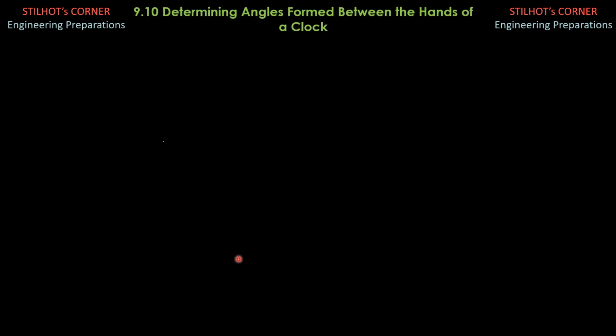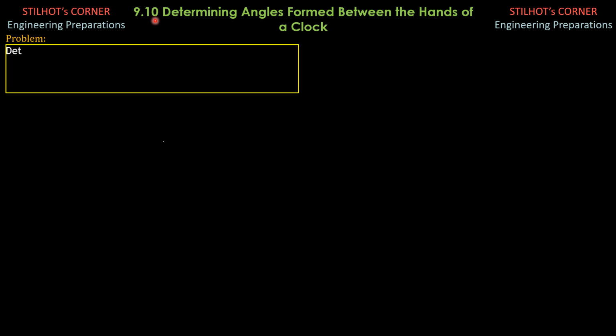Here is another video in plane and spherical trigonometry, particularly on determining angles formed between the hands of a clock. This is a higher level because we include seconds as time periods here. You just look at 9.9 for your guide.